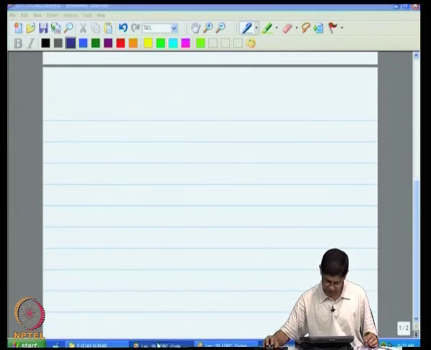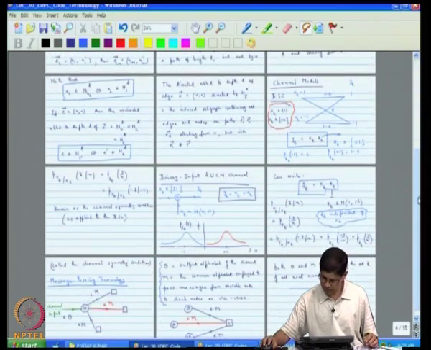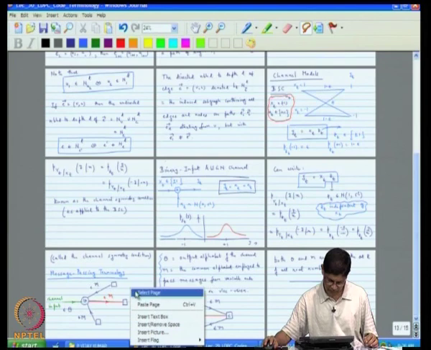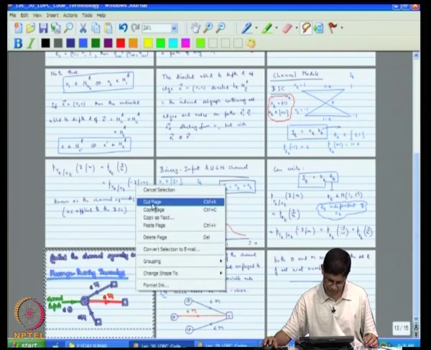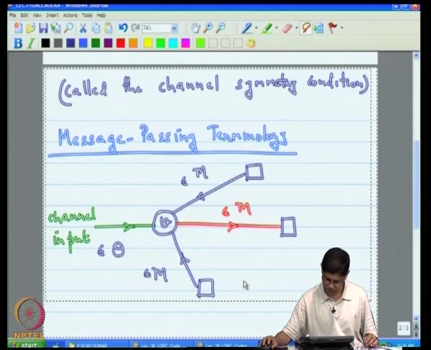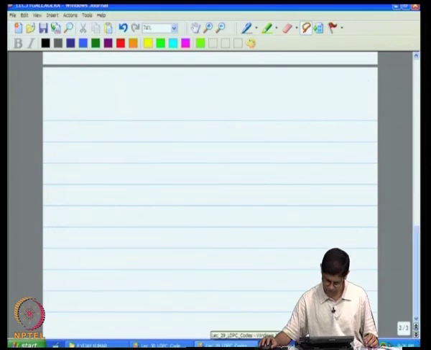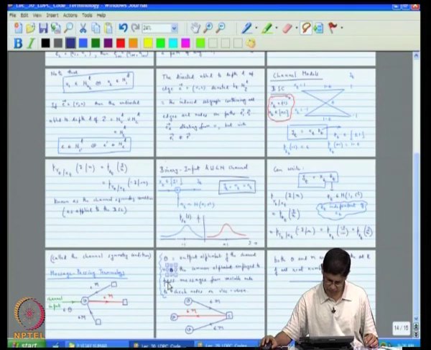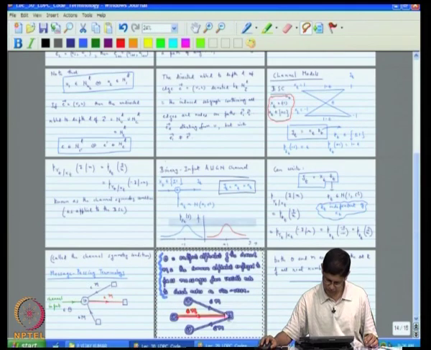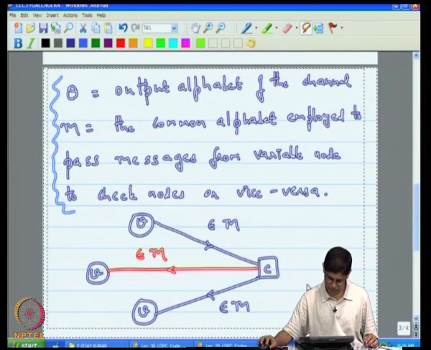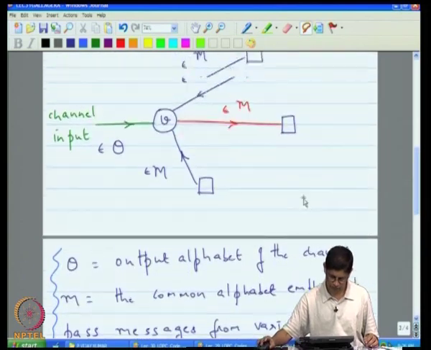So let me copy down a couple of the figures from the end of the last lecture. So I think these 2 pages it would be nice to have. Okay.